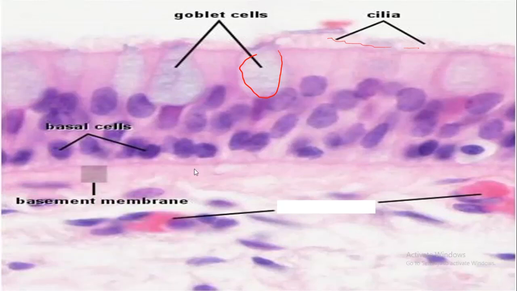This basement membrane is the one demarcating the epithelial cells from the connective tissue. And then we have a cluster of capillaries in the connective tissue, which was viewed in the previous video. So make sure that you follow up.